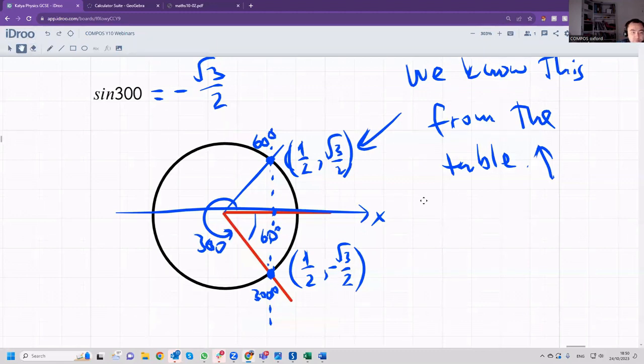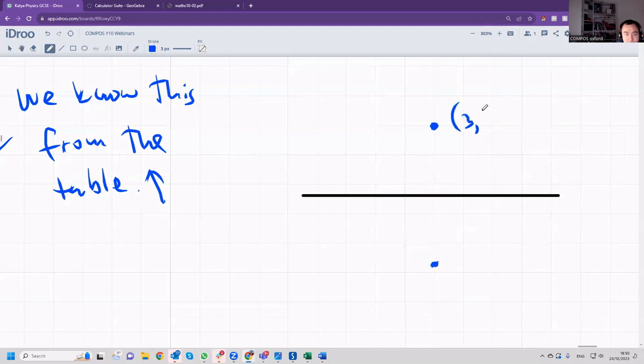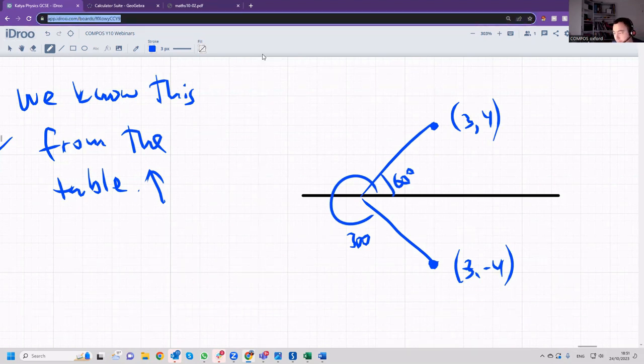If you have two points which are symmetrical, for example 3, 4, this would be 3, minus 4, like a mirror line. So if you know the coordinate of the 60 degrees point, you know the coordinate of 300.